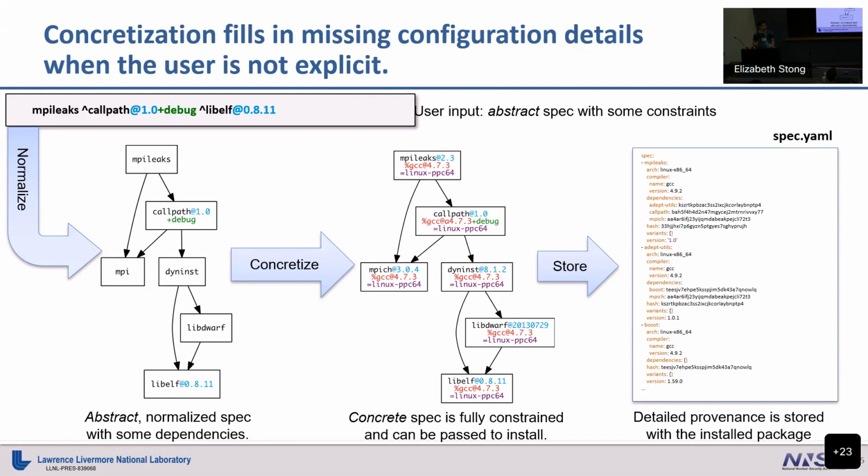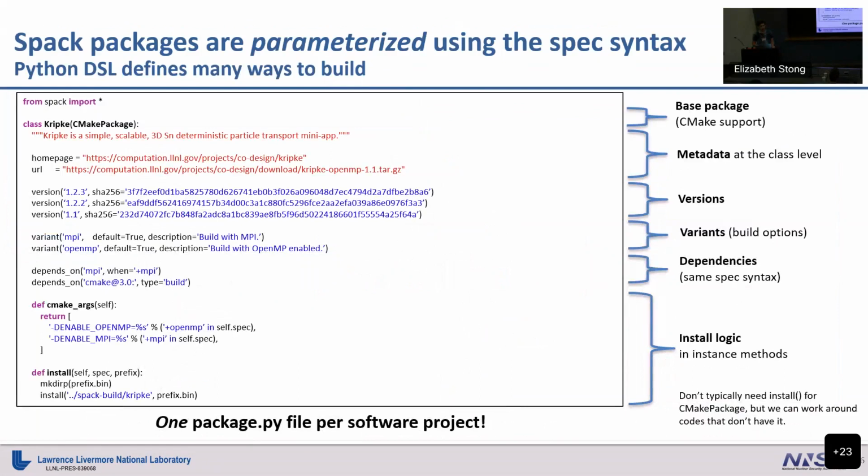The third important contribution of Spack is a repository of recipes that encode all of our collective knowledge of how to build these things. It doesn't do me any good to say, I want to build cryptkey with OpenMP turned on if I don't know how to actually turn it on in the build system.